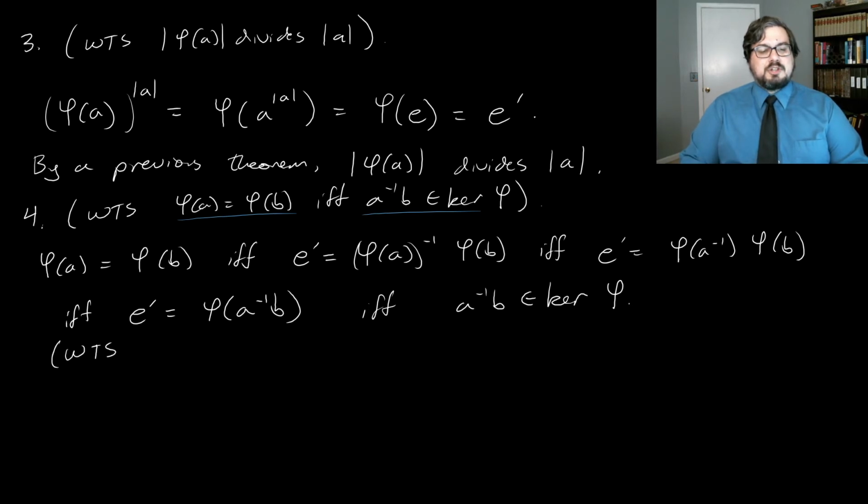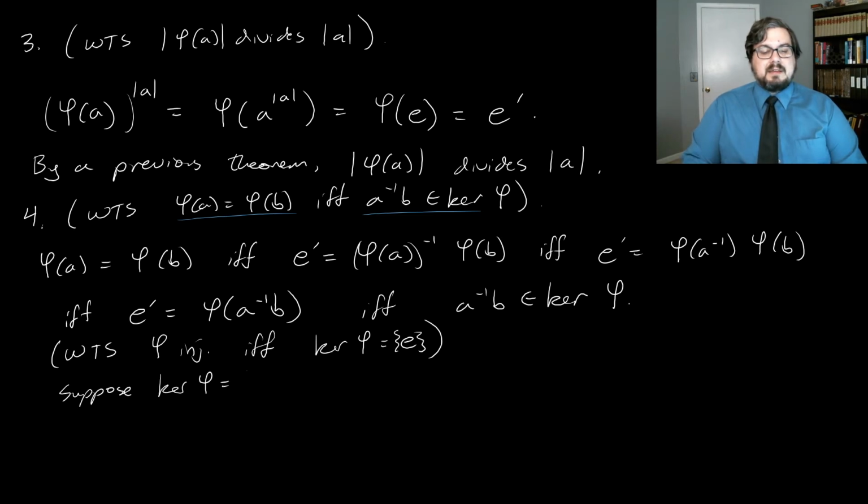Now we want to show that phi is injective if and only if the kernel of phi is only the identity E. Now let's suppose that the kernel of phi is the identity.